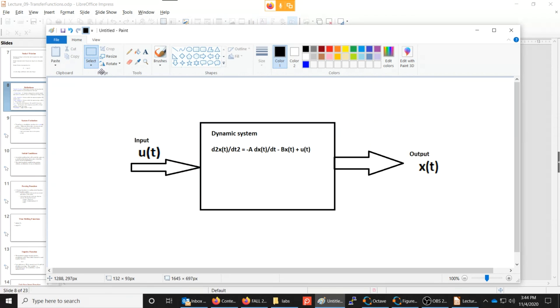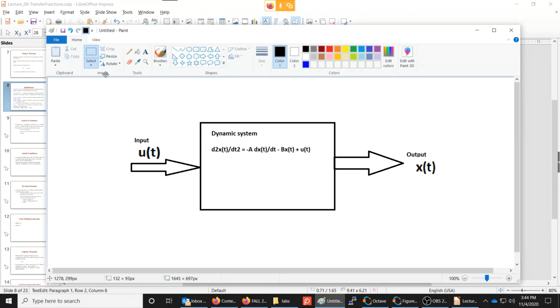So our output here is x, and our input is u. So this is kind of what we're doing. We're forcing, this is our forcing function. We're forcing this, and this is our system. Actually, honestly, this much is the system, and then the u is what we're forcing it with.